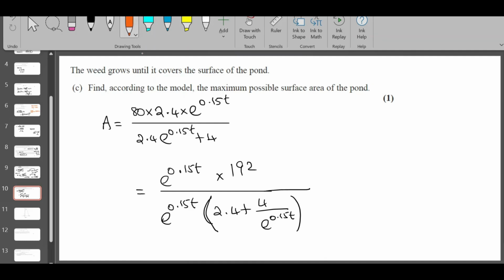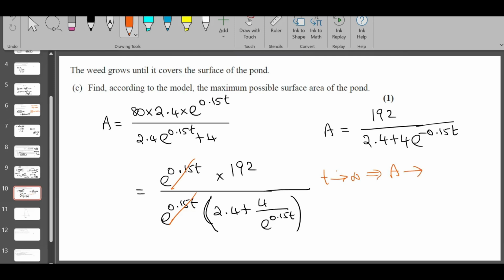If you're wondering why I'm doing that, I can cancel this. So I'm going to get A is equal to 192 over 2.4 plus 4 e power minus 0.15t. We have e power minus. Now write when t tends to infinity, A tends to e power minus infinity is 0. This whole thing becomes 0. You'll get 192 divided by 2.4.